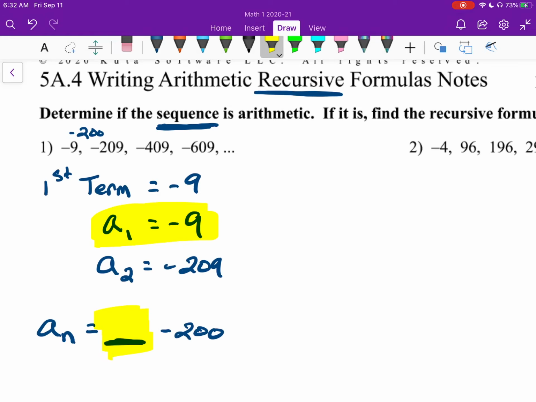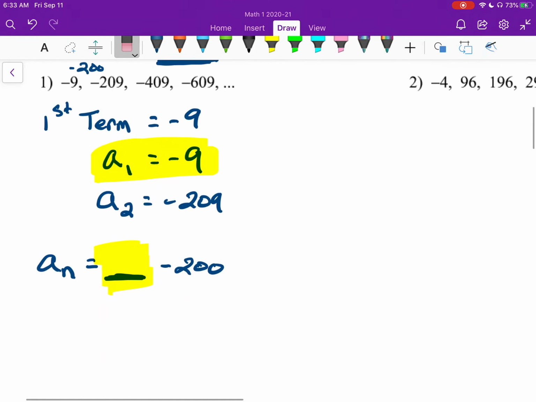Now, we have a special way to talk about the previous term also. If we're talking about A sub n, the term before it would be A sub n minus 1, right? We took 1 away from that n. So in this blank, we're going to put A sub n minus 1. Okay?